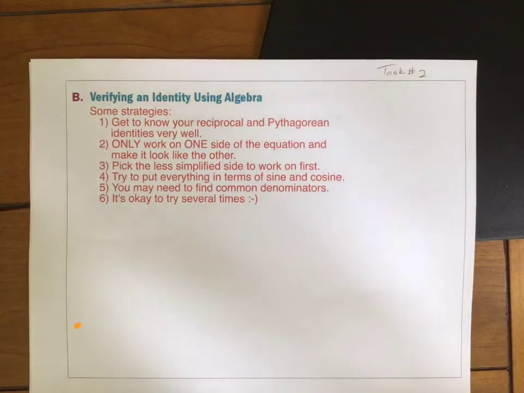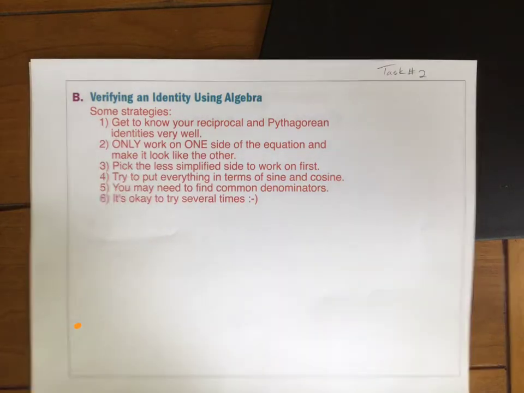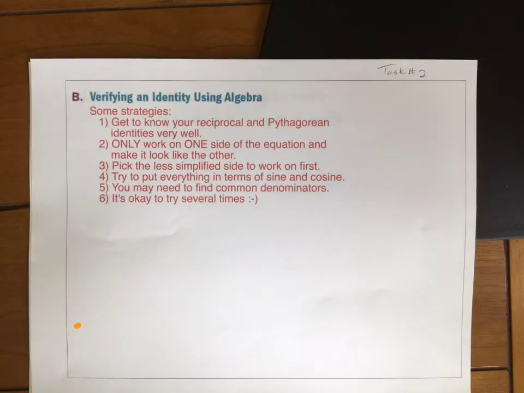All right, sorry to start out with some notes, but we are continuing on looking at identities and learning new strategies to verify identities. So one is we had all those notes from the last task, and so you need to get to know those really well, especially your Pythagorean identities.